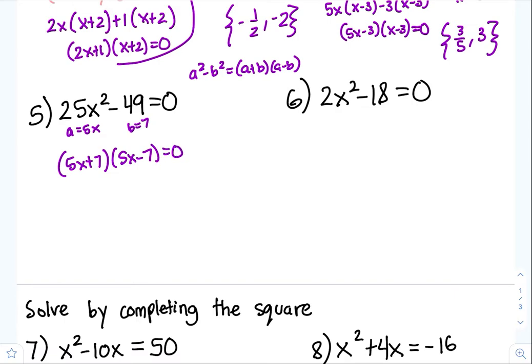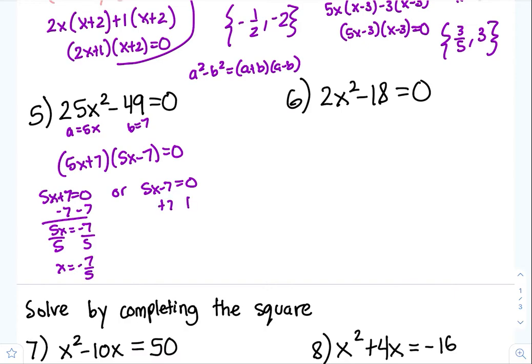And then you solve for x. So make your two equations: 5x plus 7 equals 0, or 5x minus 7 equals 0. Then you just solve. Subtract 7 from both sides, divide both sides by 5. Over here, add 7 to both sides, divide both sides by 5. So your answers for this one are -7/5 and 7/5.